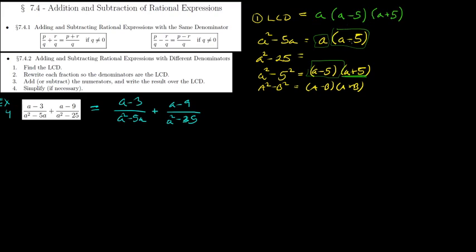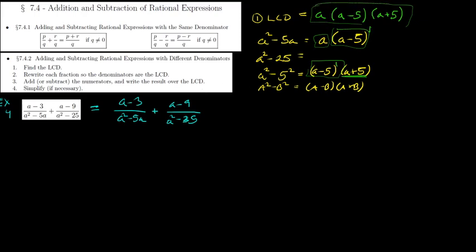Remember, we multiply each factor to the power 1. We don't have to duplicate the a − 5. In other words, you don't want (a − 5)². Well, you could. It's still a common denominator, it's just not the least common denominator. I would prefer not having the exponent of 2 there. The biggest power is just 1 here. So that's step 1, finding the LCD.